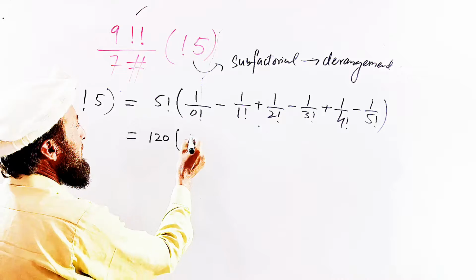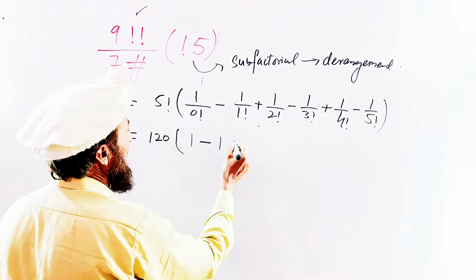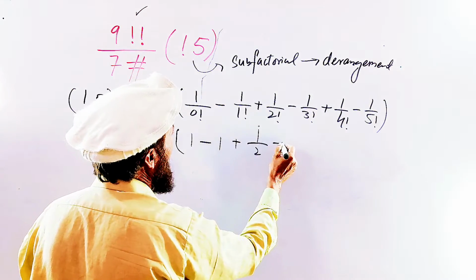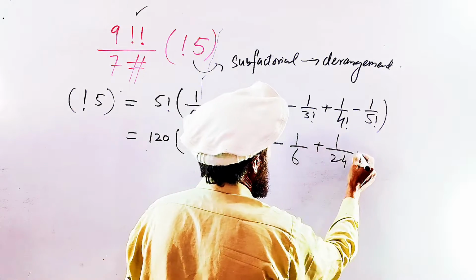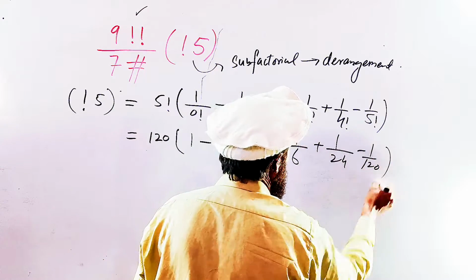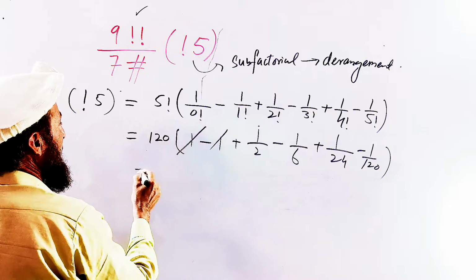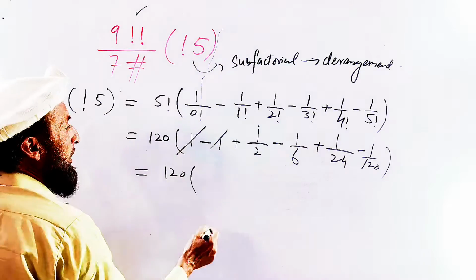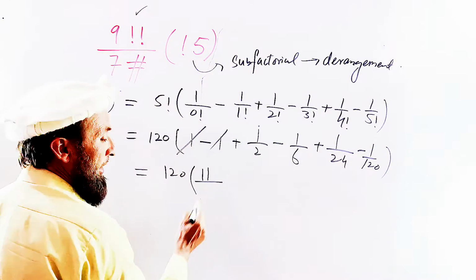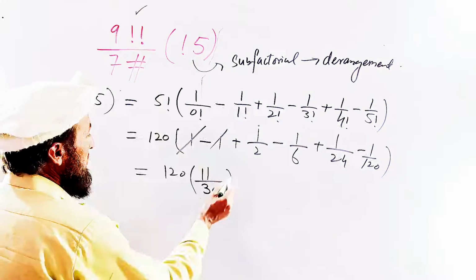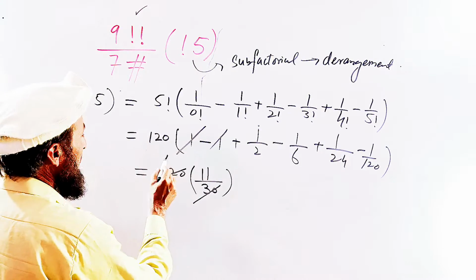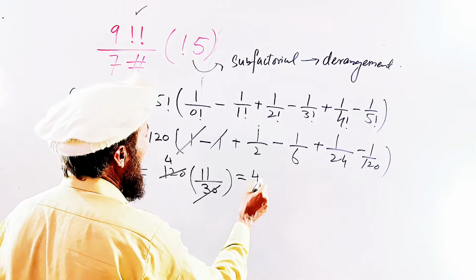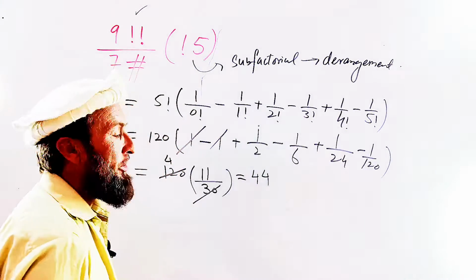The terms 1 and 1 cancel, then we get 1 by 2, 1 by 6, 1 by 24, and 1 by 120. After calculating, we get 4 multiplied by 11, which is 44.